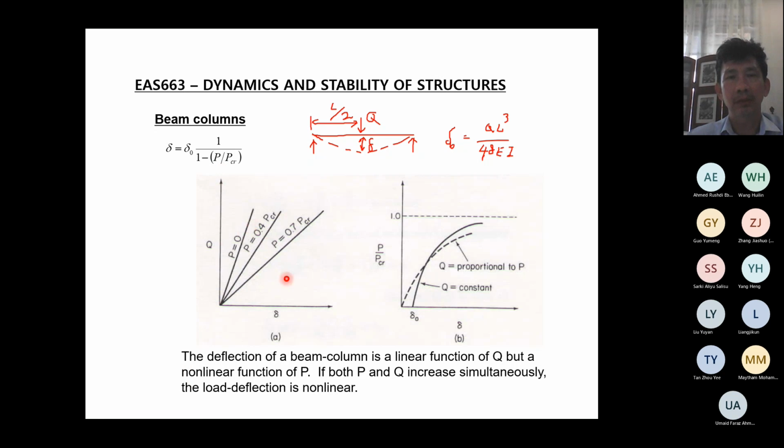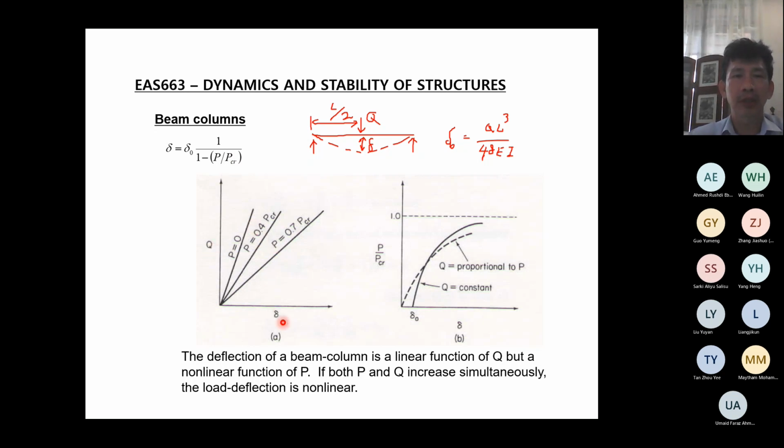Here it shows 3 cases of P over P critical. Let's look at the meaning of this graph. For the case P equal to 0, as Q increases, delta also increases. For the second graph, P is equal to 0.4 P critical, so P is 40% of P critical acting constant on the beam.